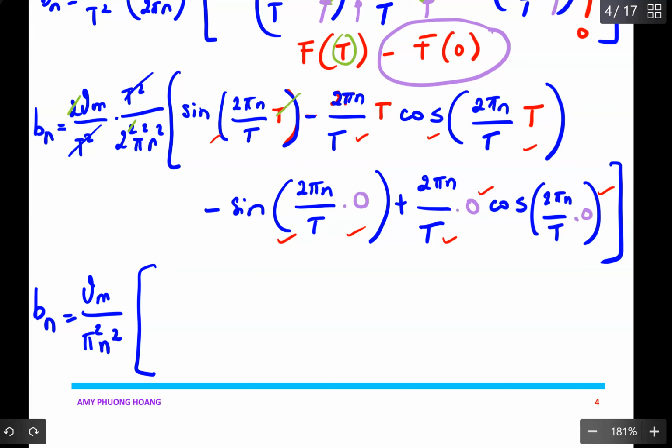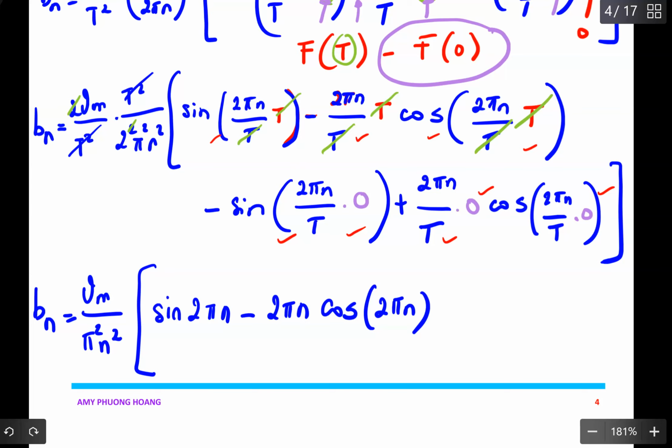The period cancels out with that variable T. So I will have sine of 2 pi n left. This one, subtract that. That means I have minus 2 pi n times cos of 2 pi n, because this was already cancelled with that one.